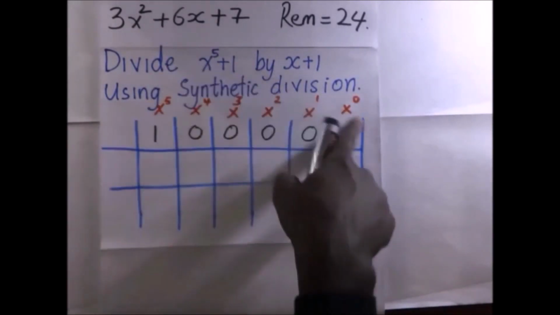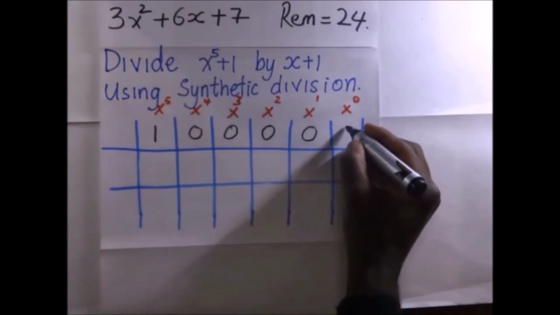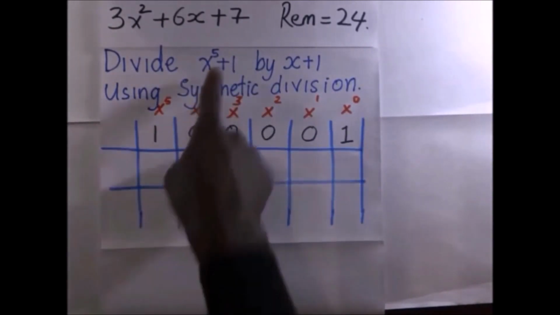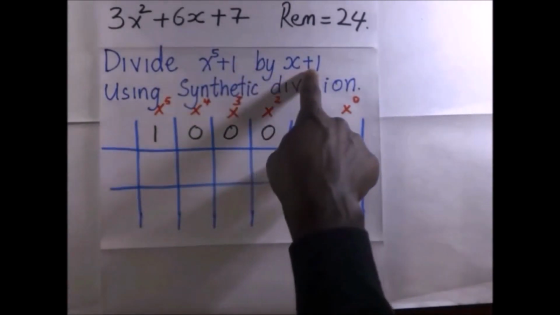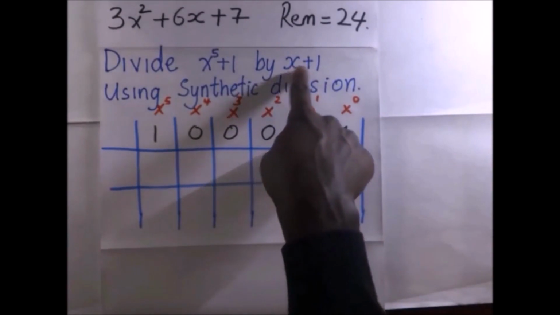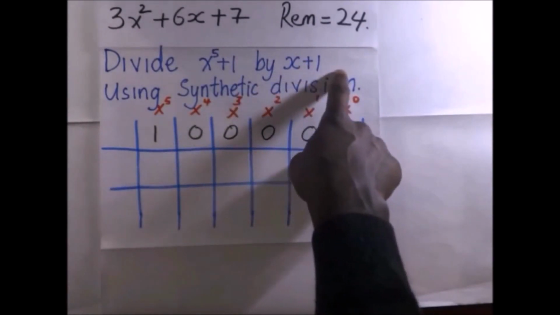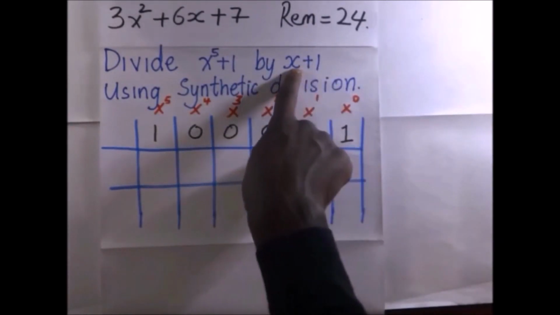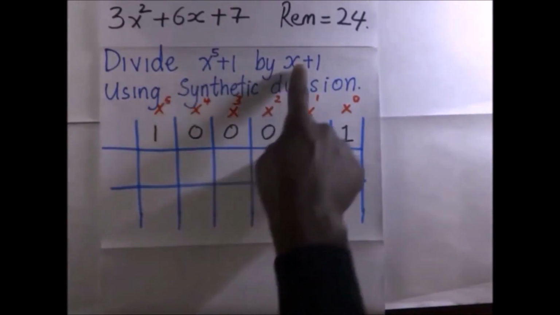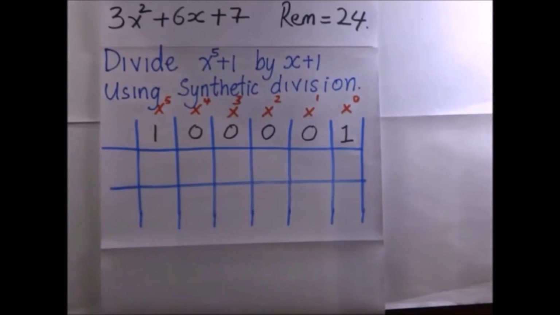So that is like the whole number, that is going to be 1. And now, this is divided by x plus 1. So when x plus 1 is equal to 0, making x the subject of the formula means that our value of x is supposed to be negative 1. So we put a negative 1 there.